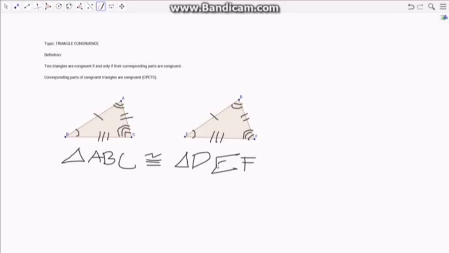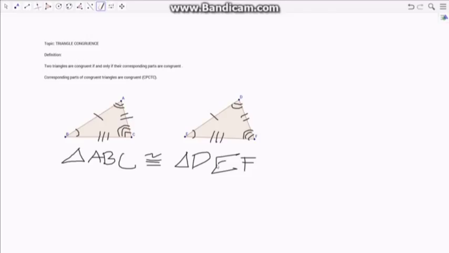So these two triangles can be said to be congruent if their sides and their angles are congruent.